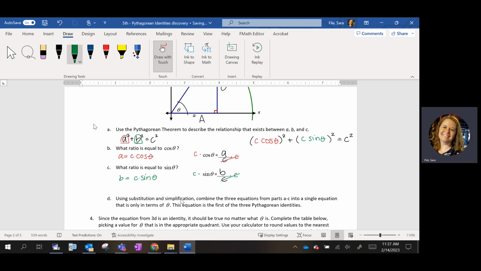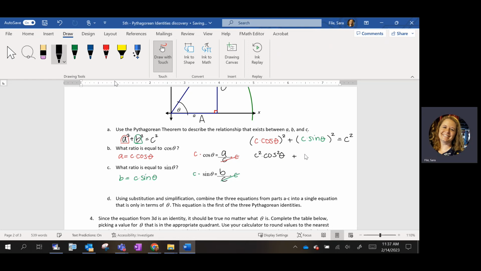Now I'm going to do some simplifying. When you square something that has multiple terms, there's C and there's cosine theta, both of them get squared, right? So that's going to become C squared times cosine squared of theta.